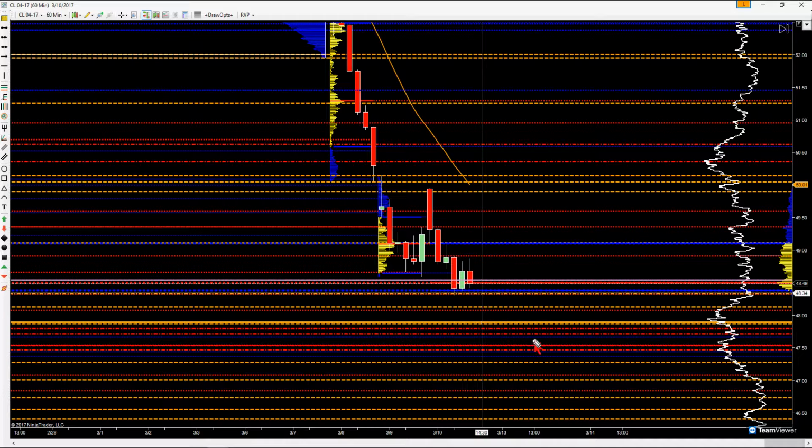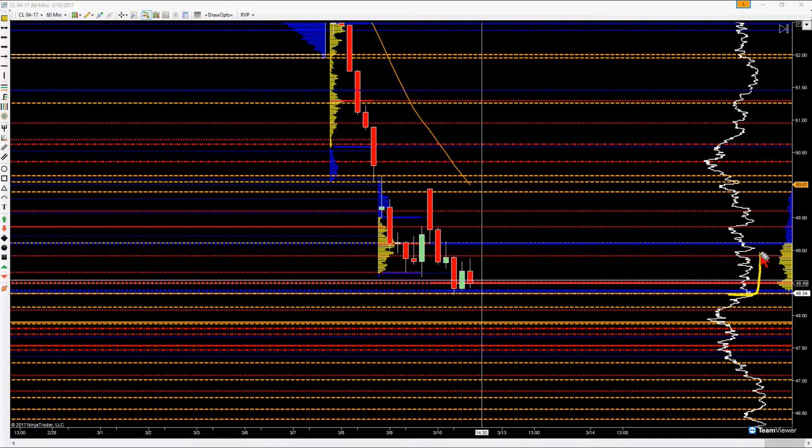I started talking about last week how as we get further down into these areas here, we run the potential of some balancing, some congestion, because we see that there's a lot of former microcomposite VPOCs down here, which means that when we were last in this price area, all these levels acted as those high volume areas.